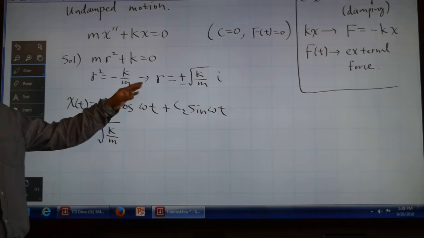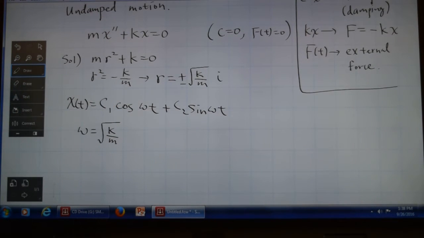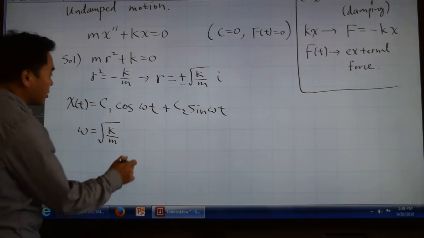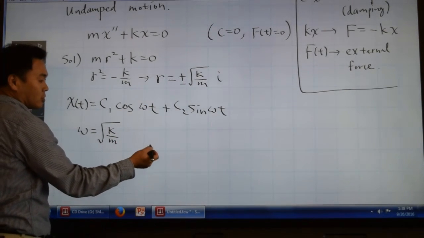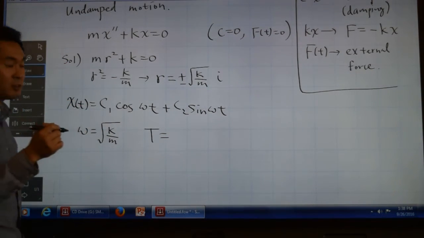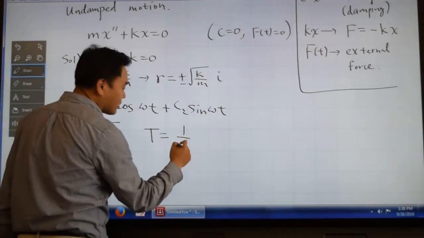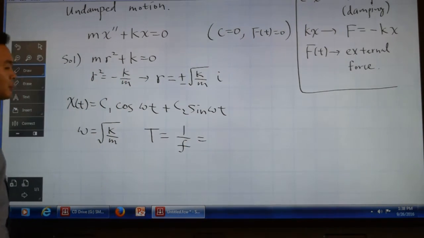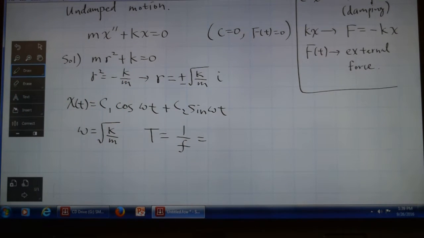And because this is a periodic function, what's the period of this sinusoidal function? Remember, you learned this in physics, T equals 1 over f, right? But what's f? f is frequency.